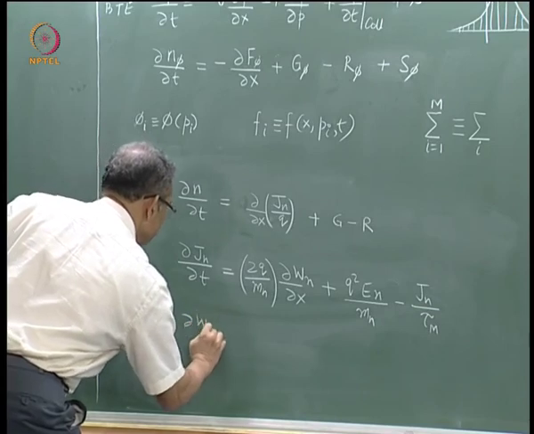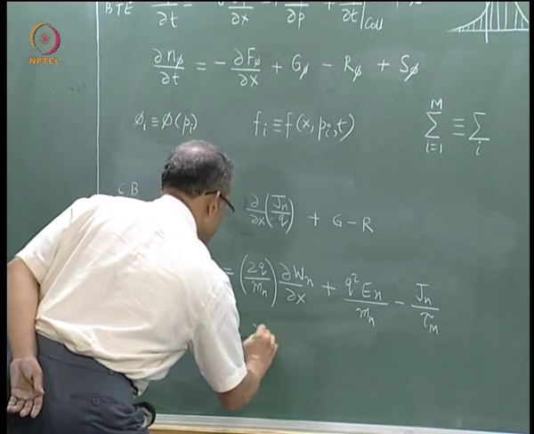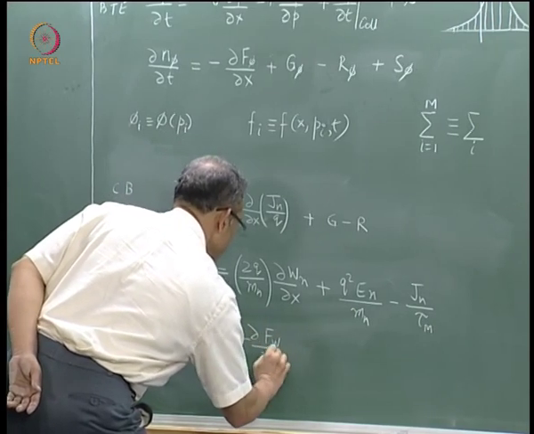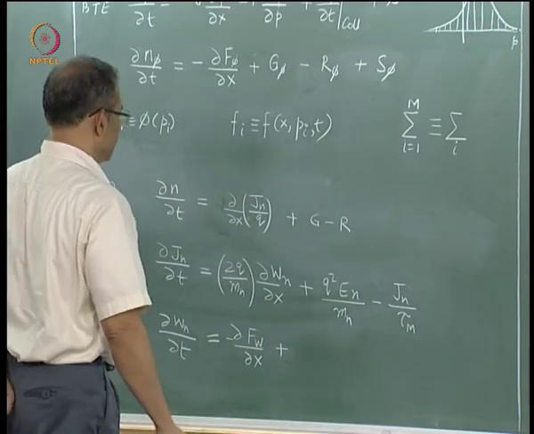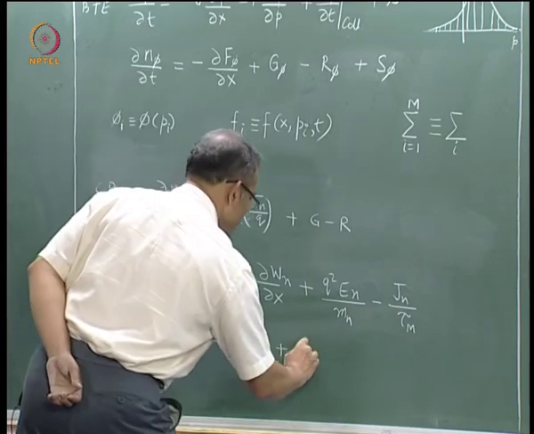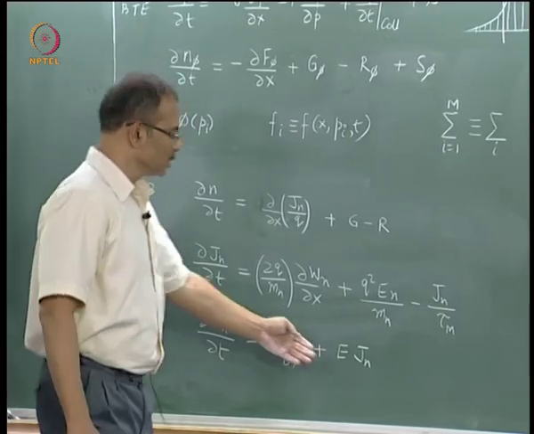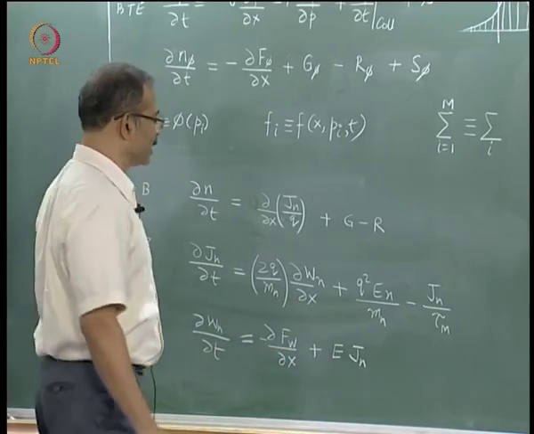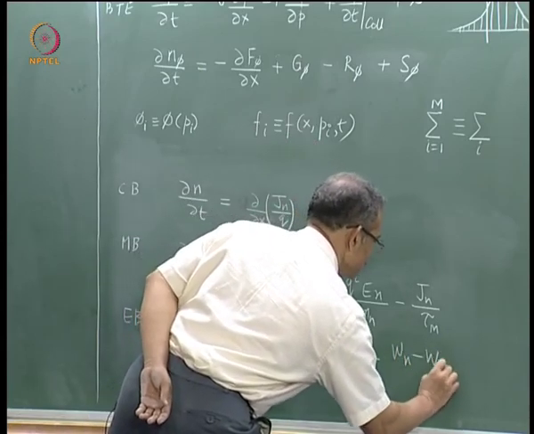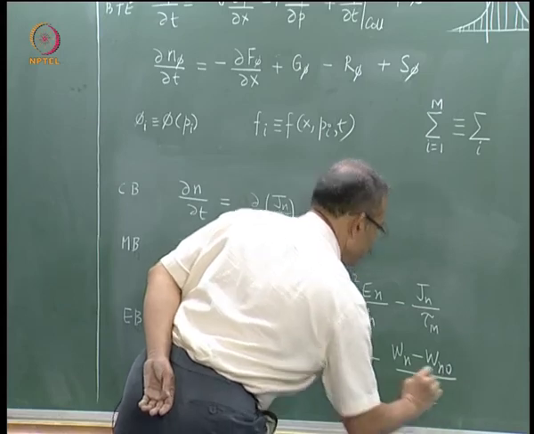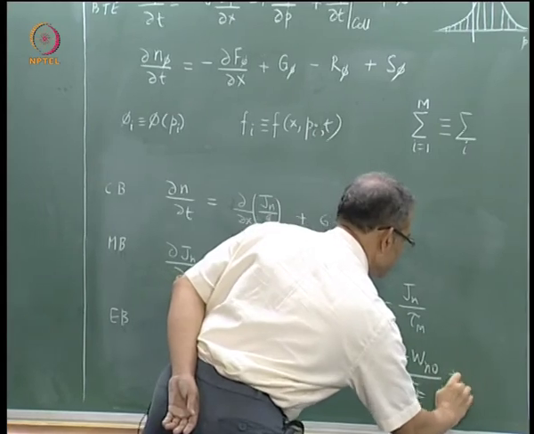Dou Wn by dou t is equal to minus dou Fw by dou x, plus the generation of energy because of electric field, that is E times Jn. This is nothing but the so called ohmic loss giving rise to heat, minus the recombination, that is Wn minus Wn0 by tau E, so that is R phi, and then S phi, which we simply leave as Se.